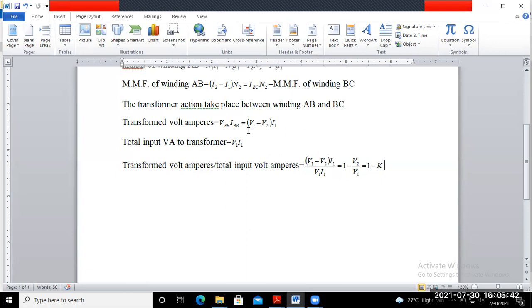So what is the value of conducted volt ampere? That means total input volt ampere minus transformed volt ampere.